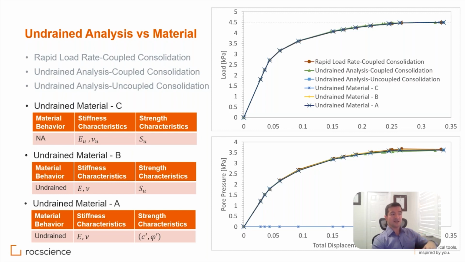The stiffness and strength characteristics are all defined in terms of effective stresses, so E and nu and c prime and phi prime. Again, load displacement is exactly as predicted before, and pore pressure displacement is exactly what we had with all these different methods. The only method that is not giving us pore pressure is that undrained C material, where we didn't even consider the pore water pressure.